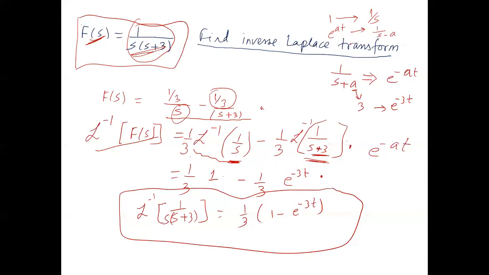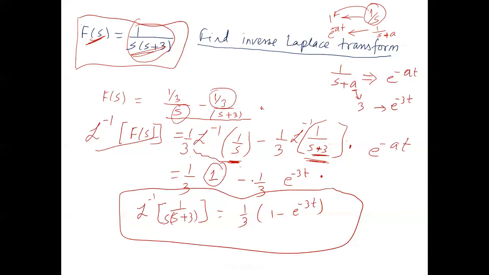If you have plus here, you get minus here; if you have minus here, you get plus here. Inverse means you go back like this. So what is the inverse Laplace transform of 1 over s? From here to here, backward. It'd just be 1.